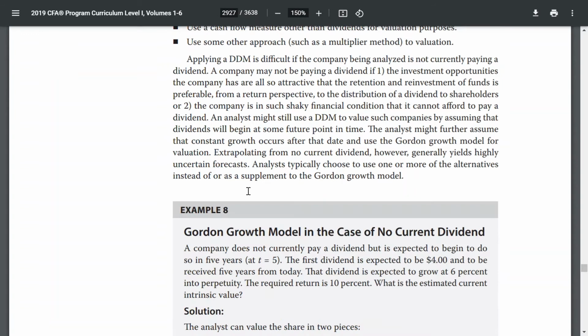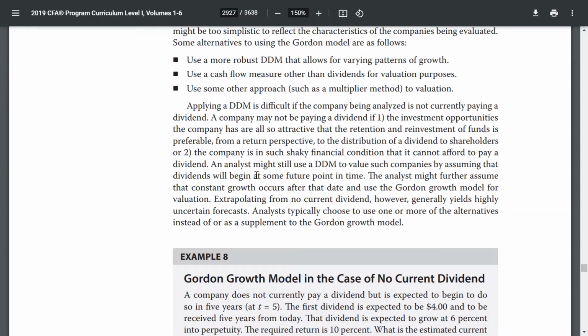Applying a DDM is difficult if the company being analyzed is not currently paying a dividend. A company may not be paying a dividend if the investment opportunities of the company are so attractive that reinvestment of funds is preferred, from a return perspective, over distribution of dividends to shareholders.